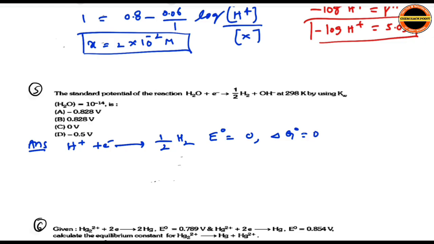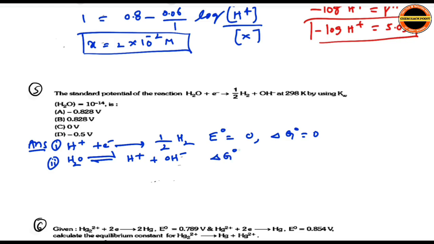Why? It is the reduction of the hydrogen electrode. The standard reduction of the hydrogen electrode we take as 0. And the next reaction, the second reaction, is the dissociation of water, H plus and OH minus, which is at equilibrium.